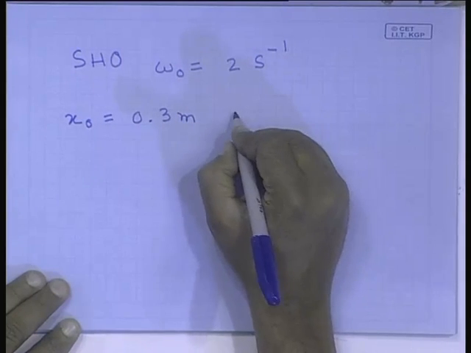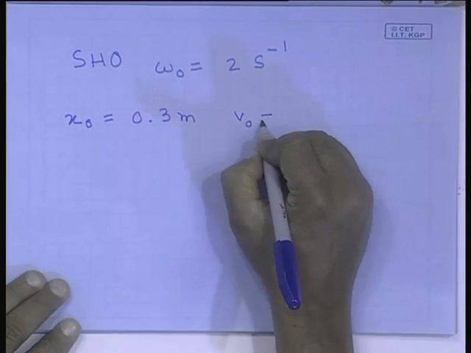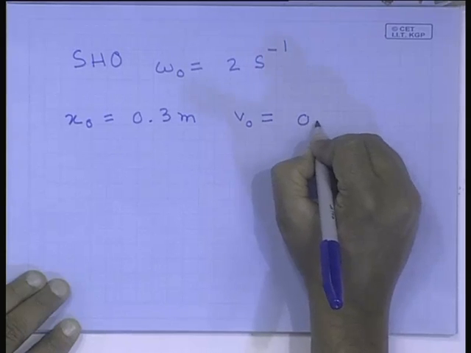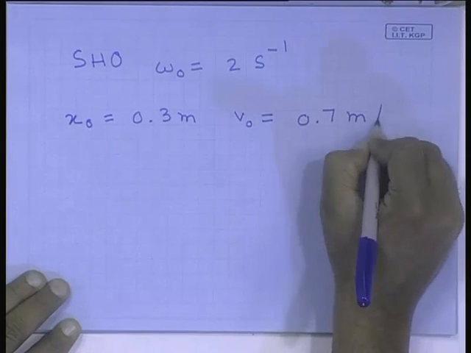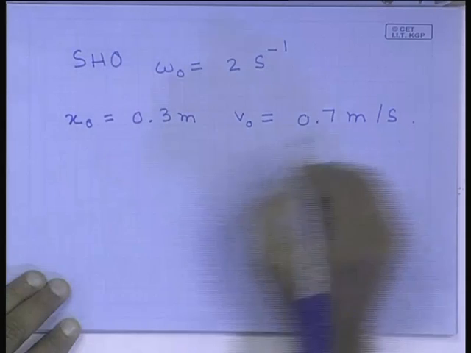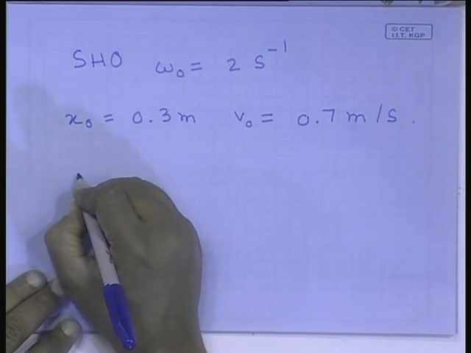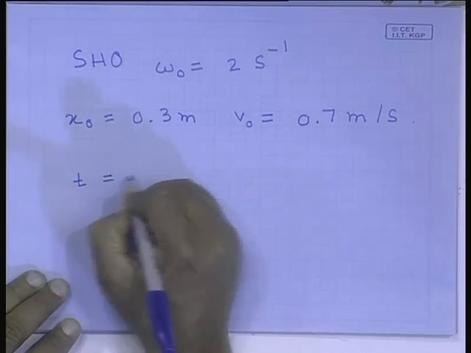It has an initial velocity v naught of 0.7 meters per second. So, these are the initial conditions at the time t is equal to 0.